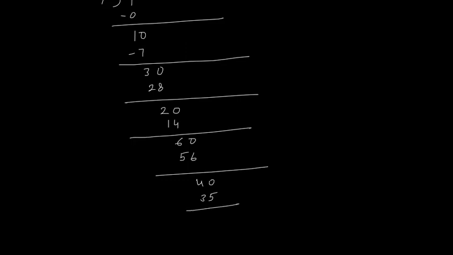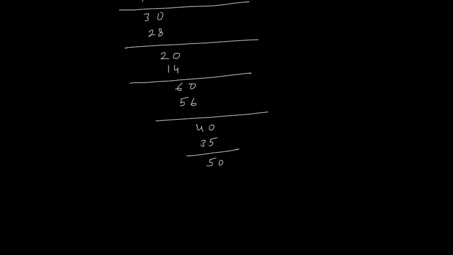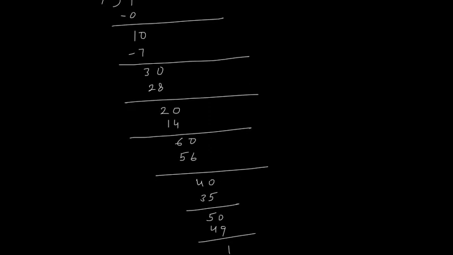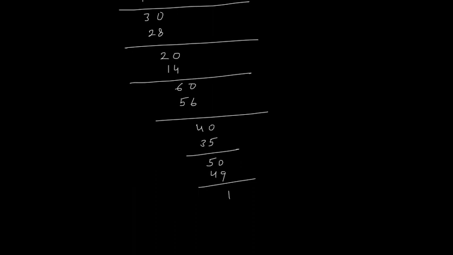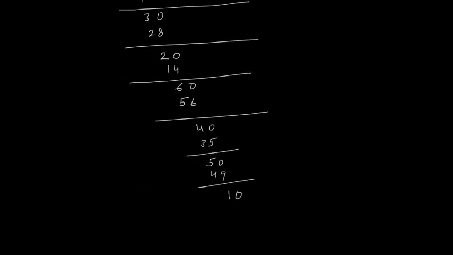So now I have here 5, this will become 50. 7 7s are 49, so here I will get 1. So this is 10, 7 1s are 7, then again I will get 3.